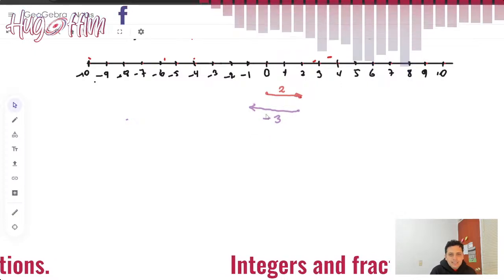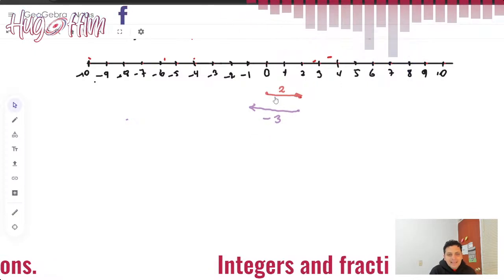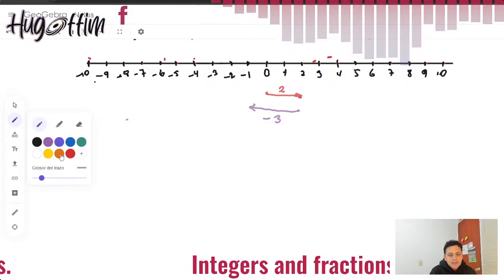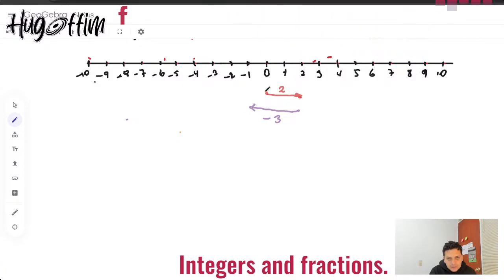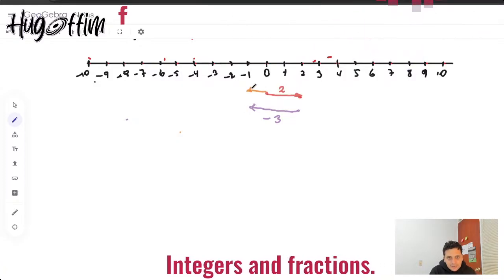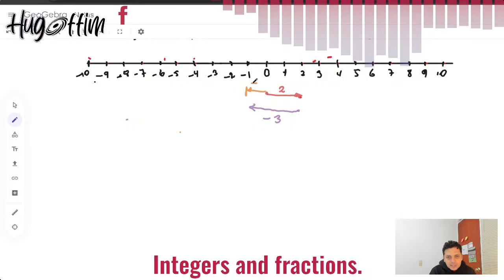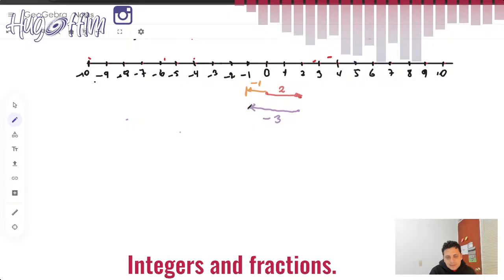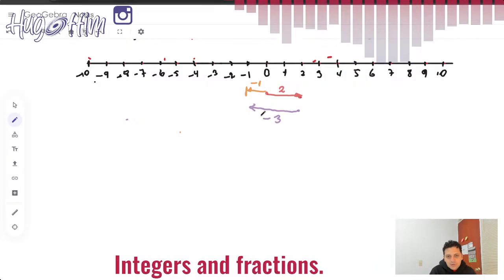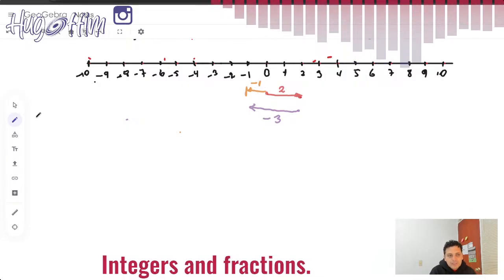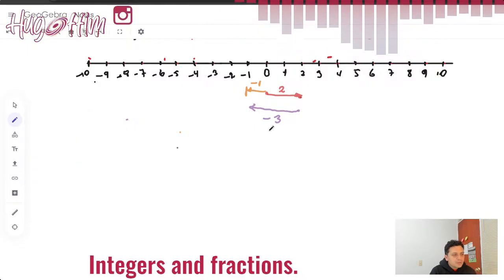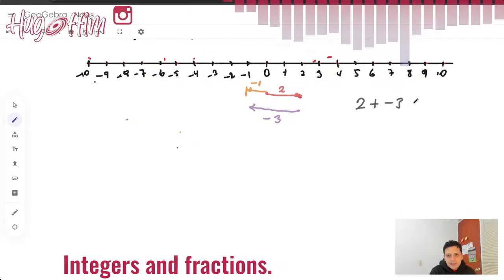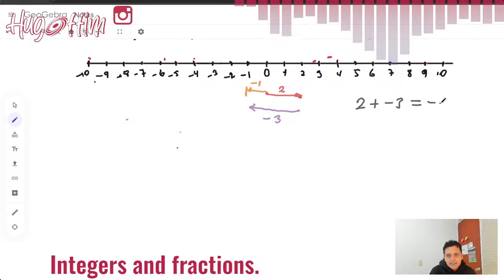So 2 plus negative 3 is going to give me this number that is here. I know that this number is negative because it goes back, and the number that completes the equality, 2 and 1 is 3, so it's going to be negative 1. So the addition 2 plus negative 3 is negative 1.